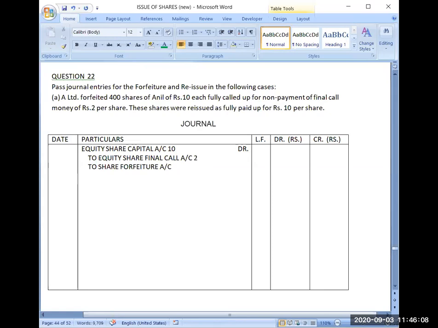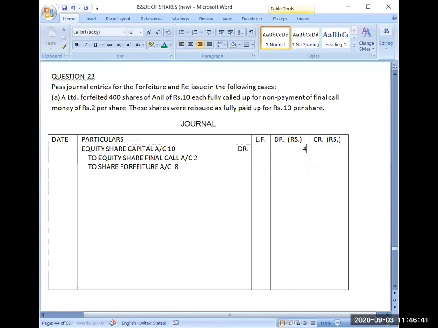Now out of 10 rupees, the shareholder has not paid us rupees 2. So then all other installments will be totaling what amount? The final installment is rupees 2, so the other installments will total rupees 8. That we have received, that will be transferred to share forfeiture account. Now I can multiply these amounts with the number of shares. So 400 shares I am forfeiting. Always keep in mind how many shares I am forfeiting.